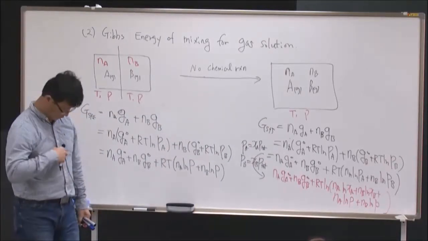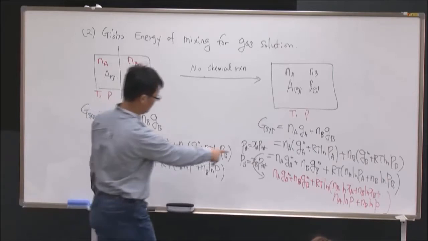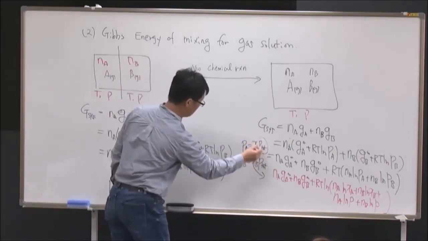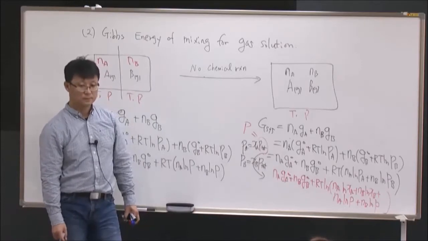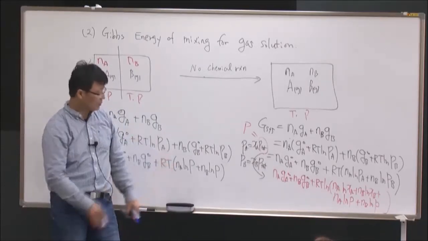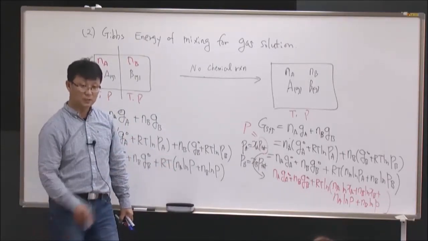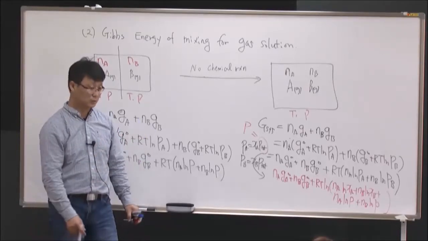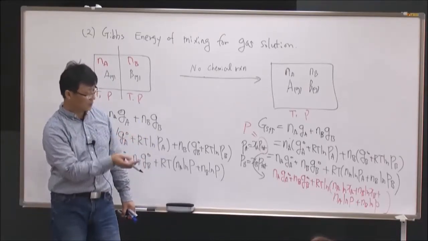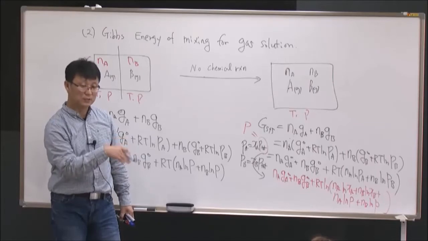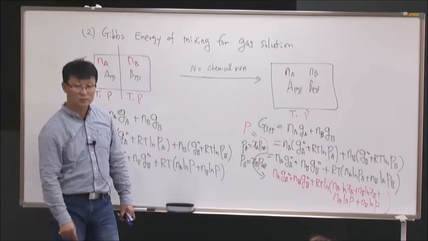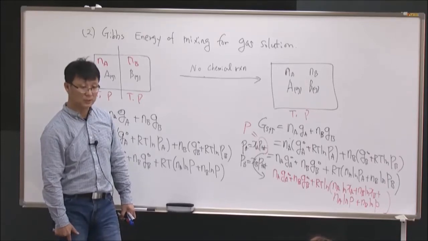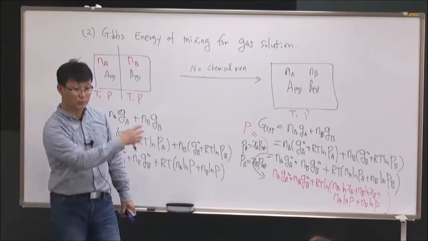PA is the mole fraction and the P total, and P total in this case is the same as P, yeah? Okay, so if you separate XA and P in the logarithm, you have the logarithm of XA plus the logarithm of P. So you can dissociate the mole fraction part and the total pressure part.